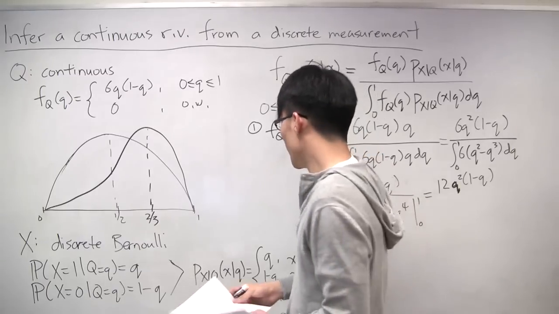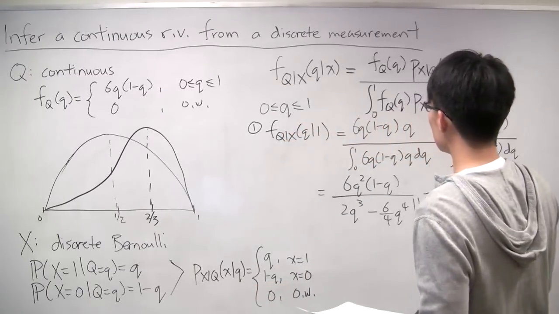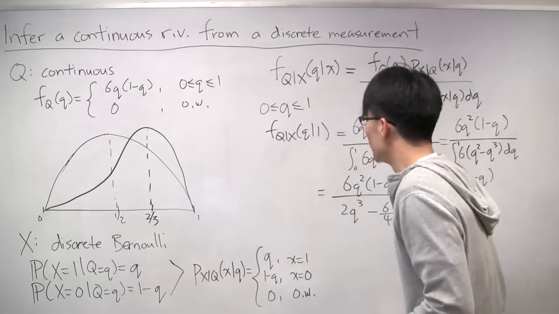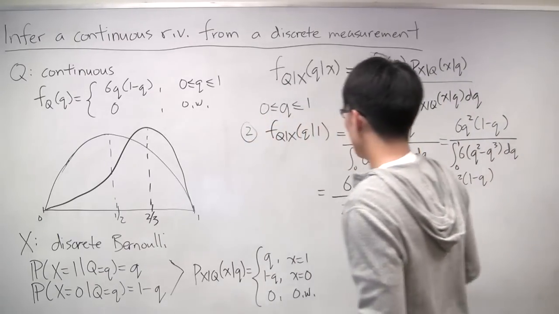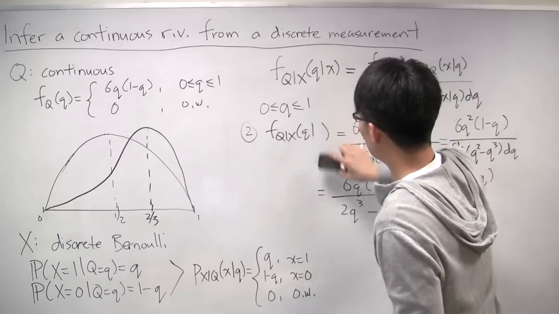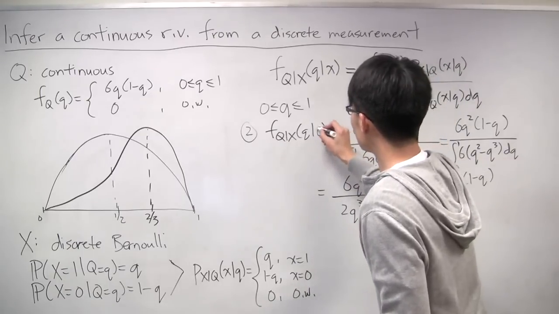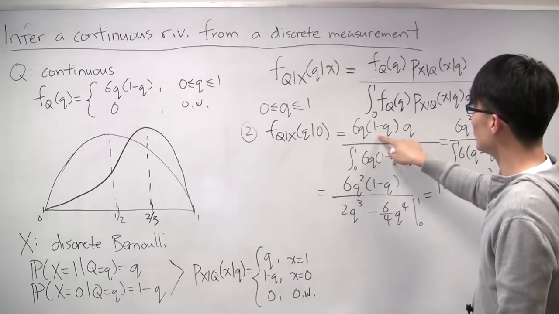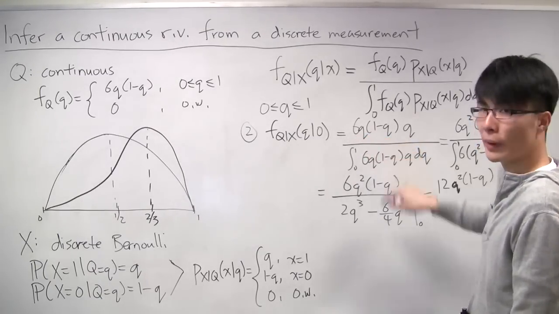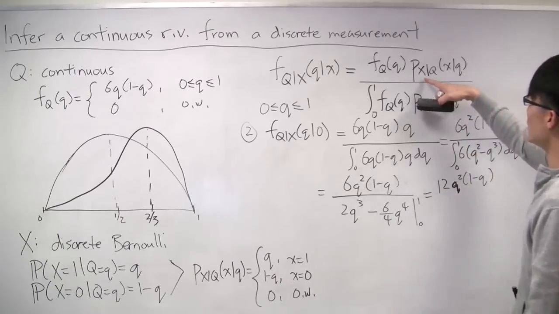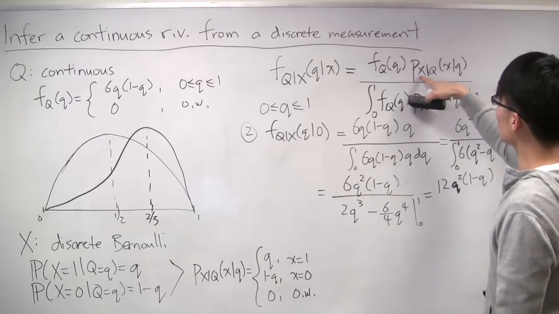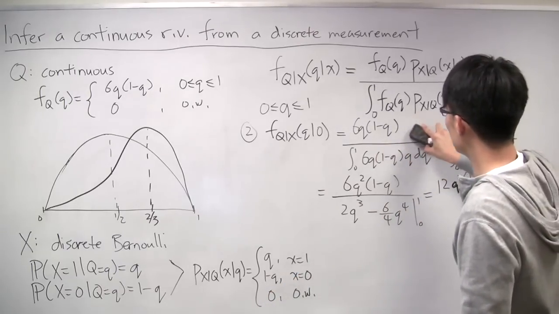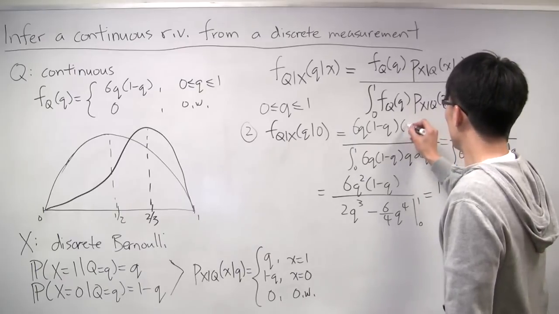All right. And you can repeat this exercise now with the case where x is 0. So when x is 0, you still get the same term here, 6q 1 minus q. But the conditional PMF is now the one when x equals 0, which is 1 minus q. So you get 1 minus q here.